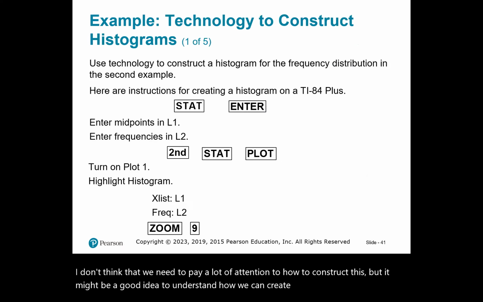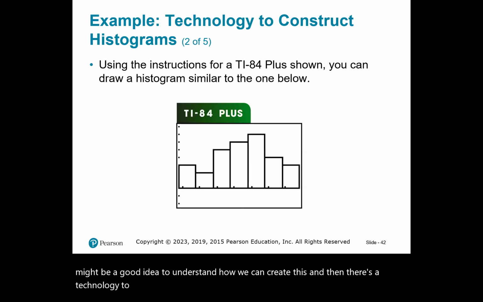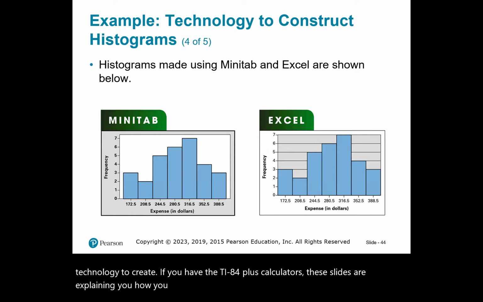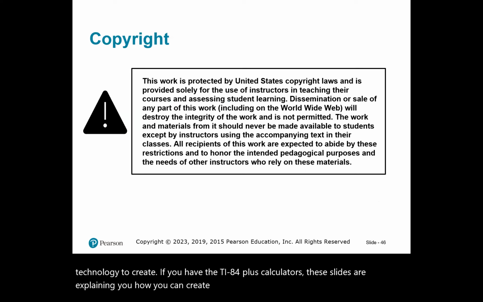And then there's technology to create it. If you have the TI-84 Plus calculators, these slides are explaining how you can create them. But I think learning how to do it using Excel is even better than creating it with a calculator. And then this is all for 2.1.